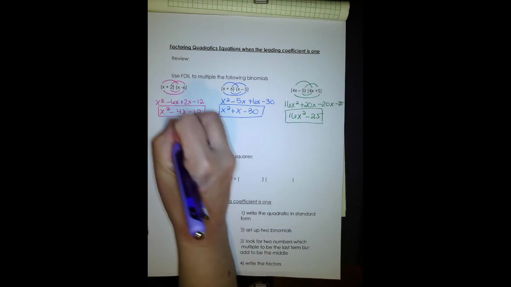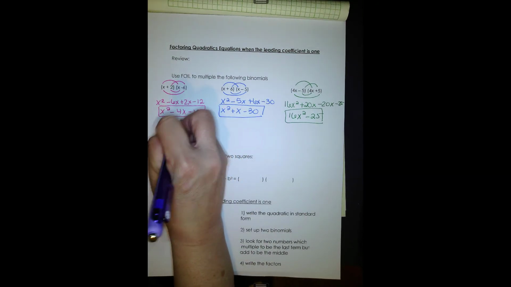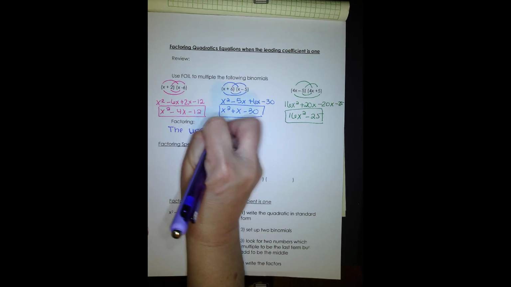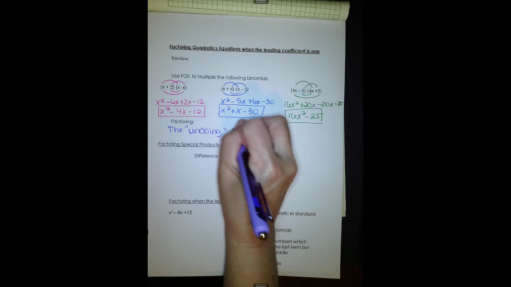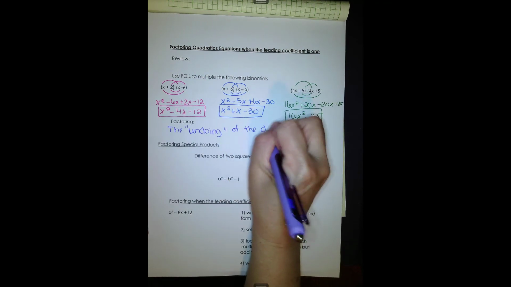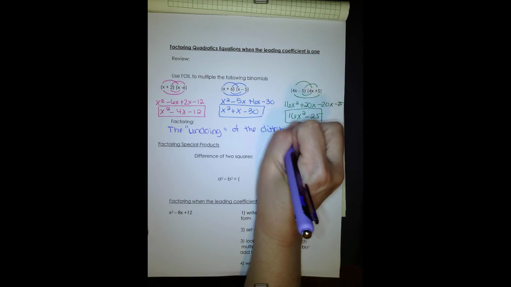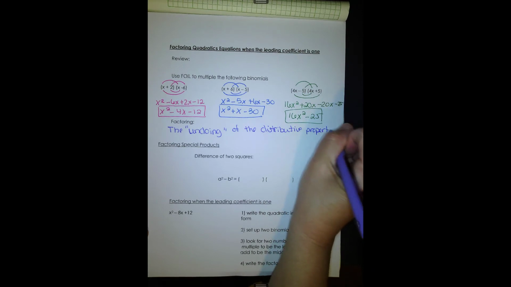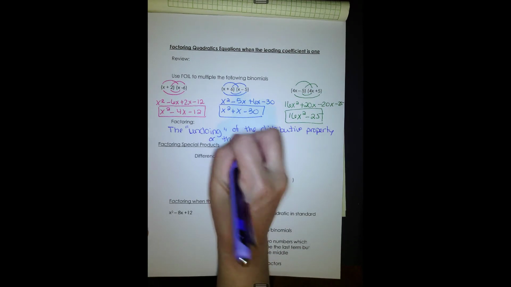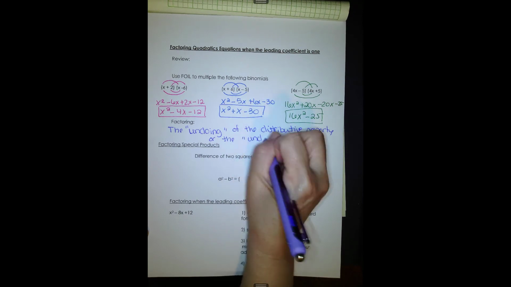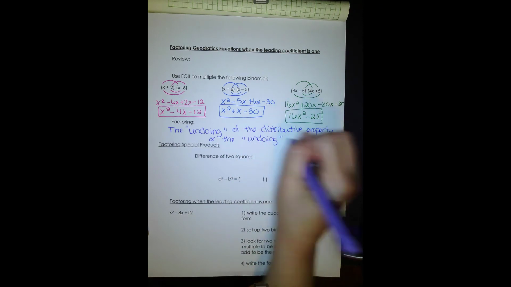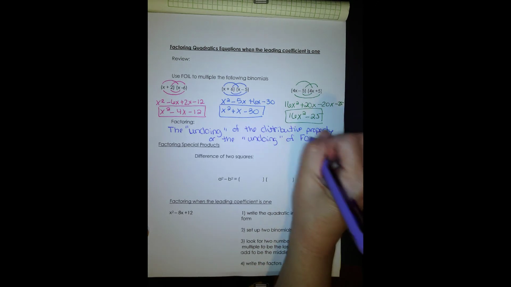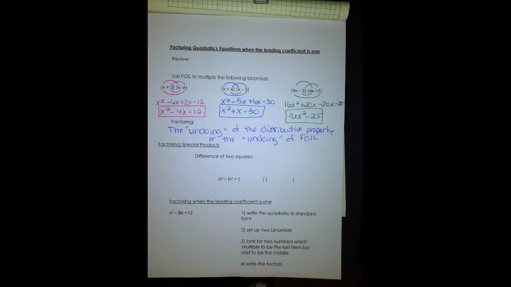So factoring is ultimately the undoing of the distributive property or the undoing of our FOIL pattern.